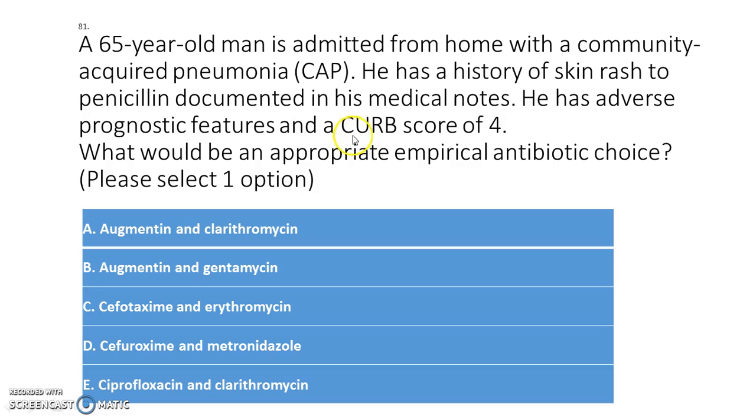So the CURB score is the score that we use to assess the severity of pneumonia. So C, remember confusion.